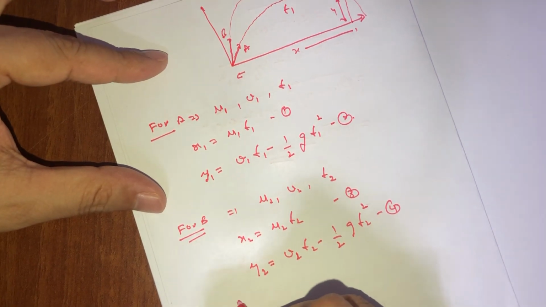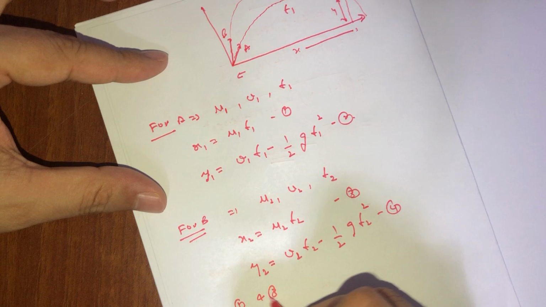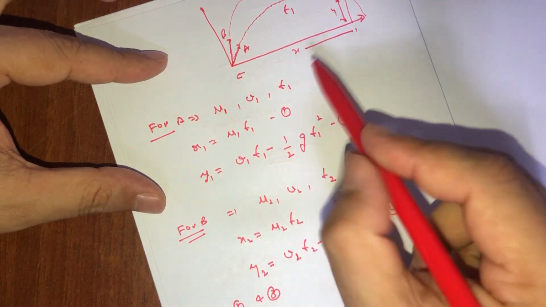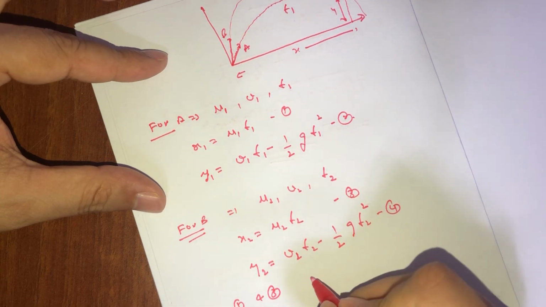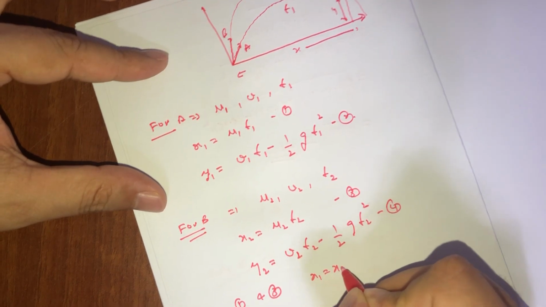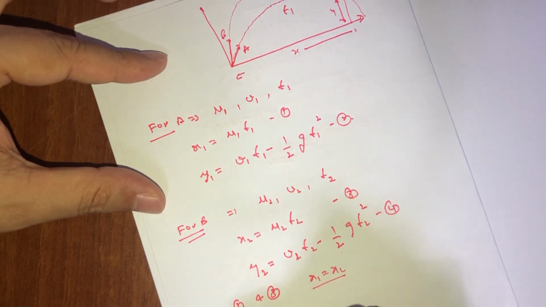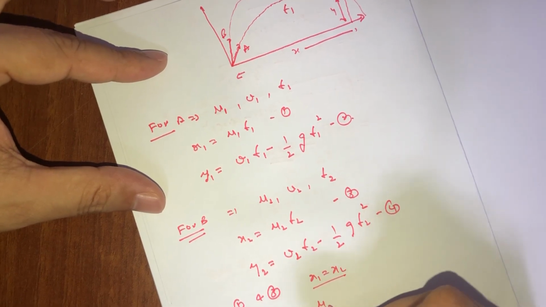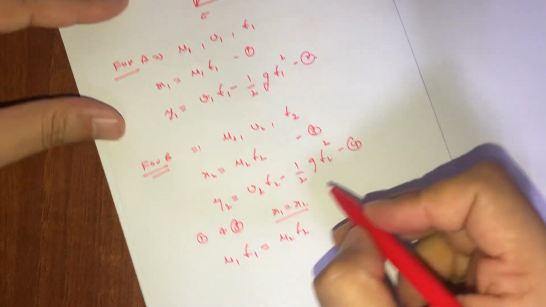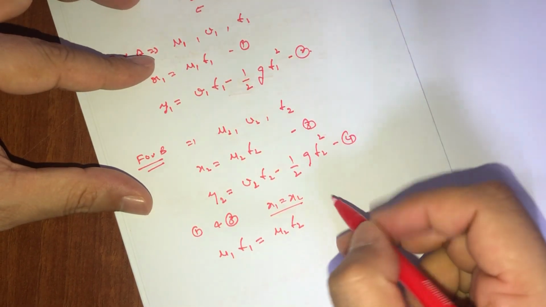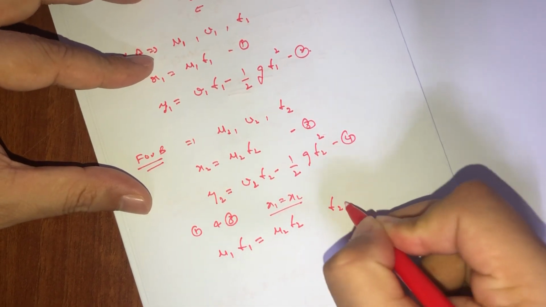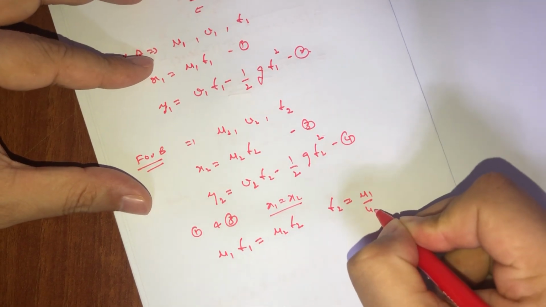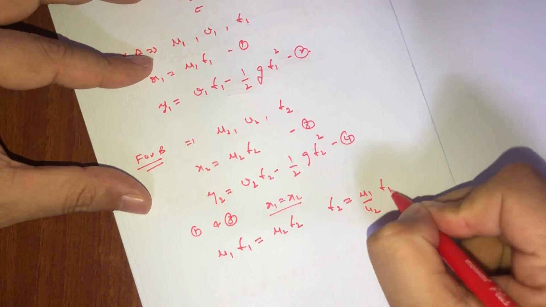From equation 1 and equation 3, as the horizontal distance traveled by both A and B is the same, x1 is equal to x2. So we get u1 t1 is equal to u2 t2. From this we find that t2 is equal to u1 by u2 times t1.